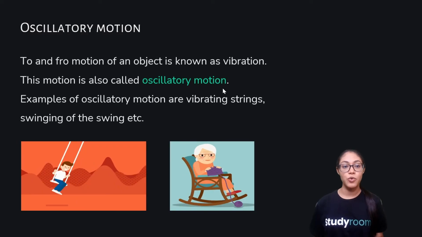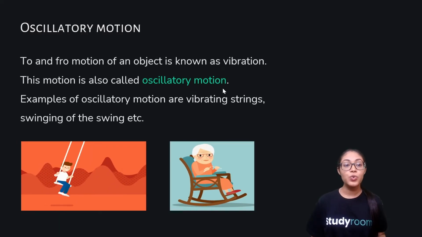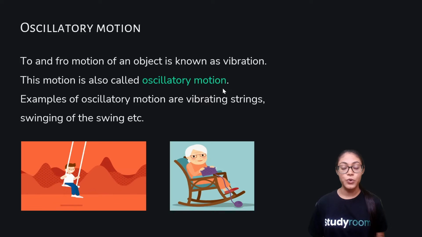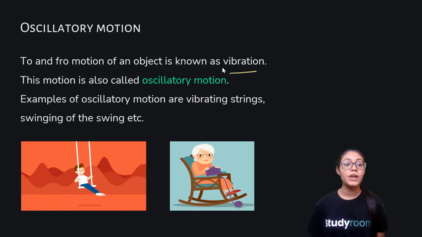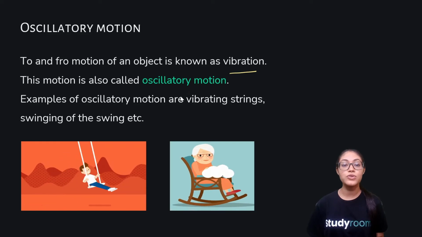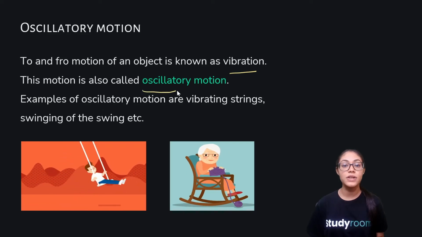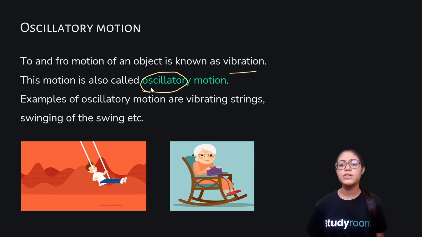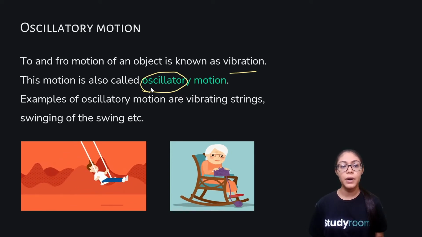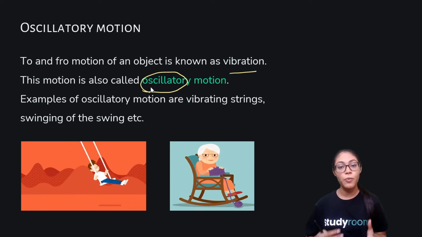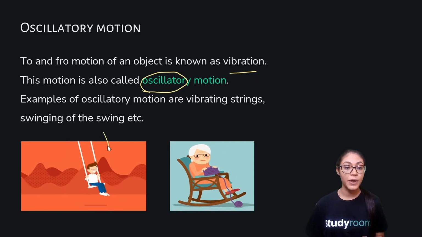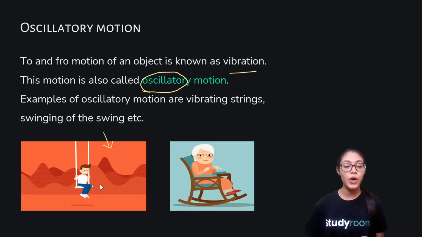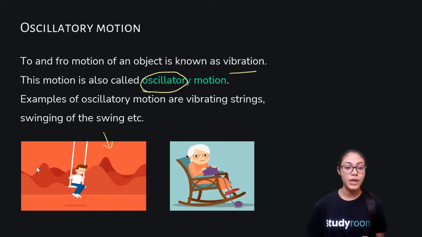Now, oscillatory motion. This to and fro movement of any object is known as vibration. This motion is also called oscillatory motion. That means oscillatory motion is nothing but a to and fro movement of an object. As we can see here in the case of a swing, there is a to and fro movement of the swing.